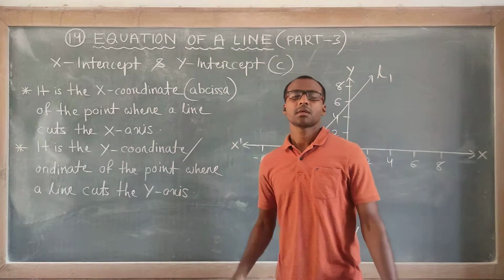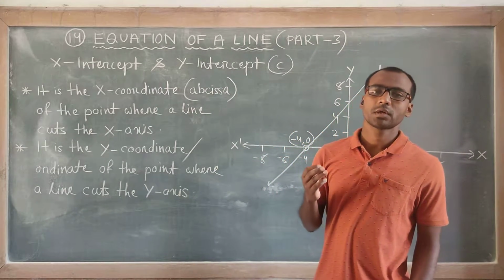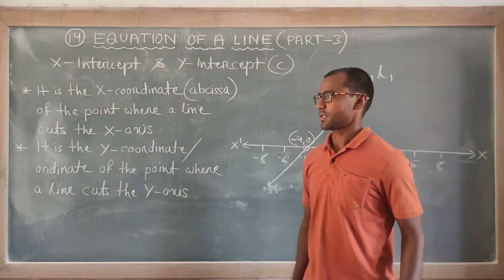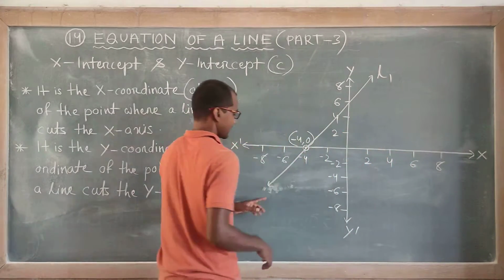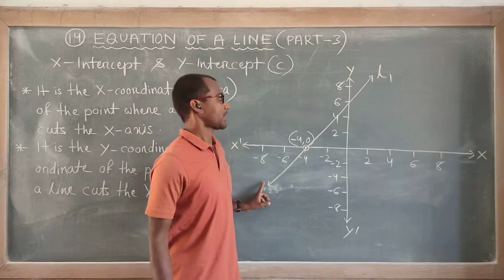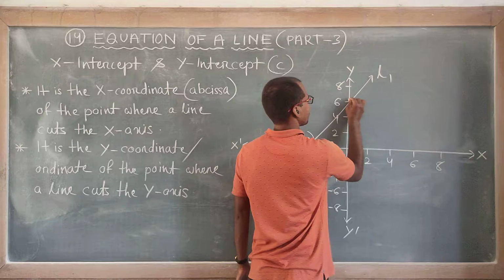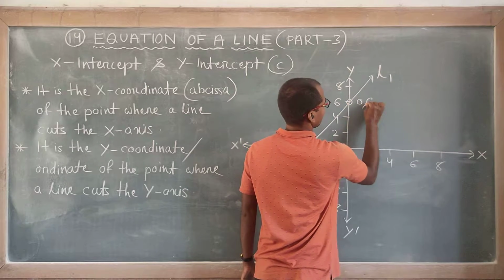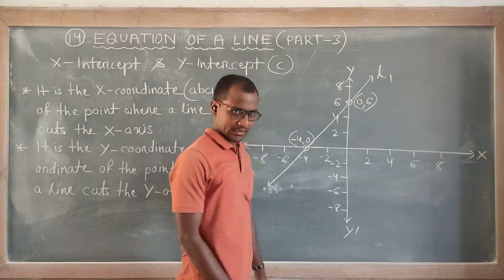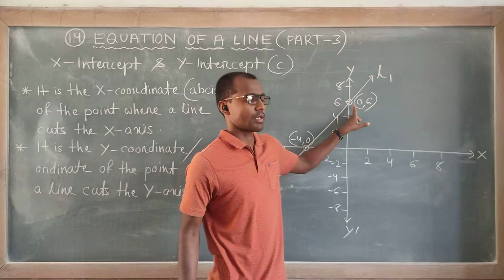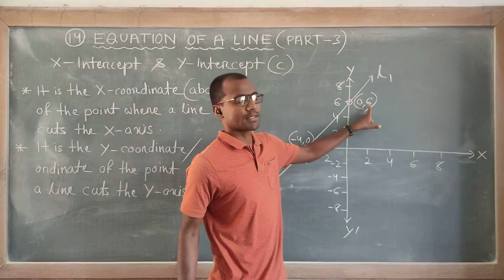What is y-intercept? It is the y coordinate or ordinate of the point where a line intersects or cuts the y-axis. You can see this same line is intersecting the y-axis at this point, whose coordinates are 0, 6. And the y coordinate of this point is 6.